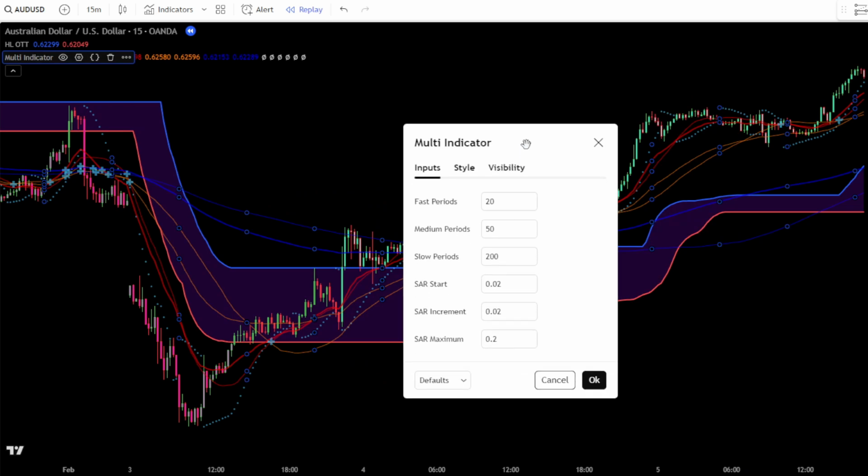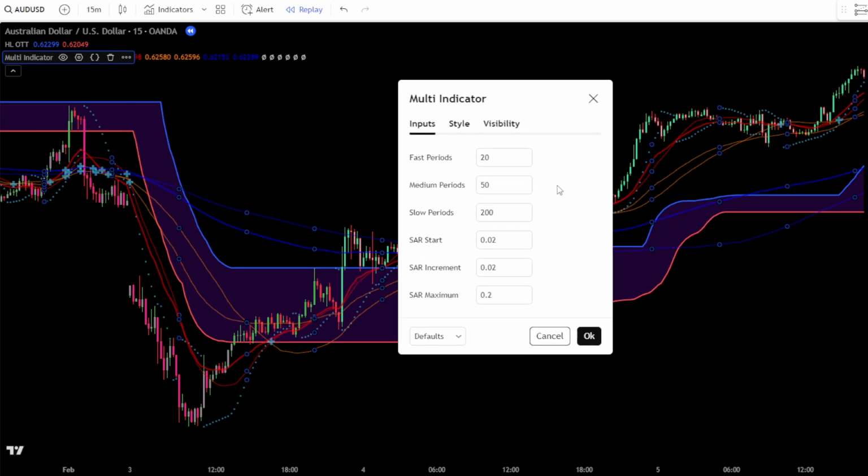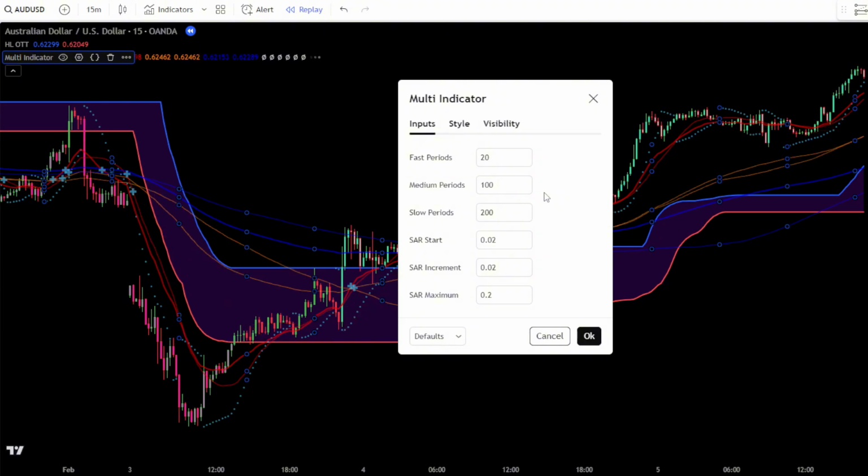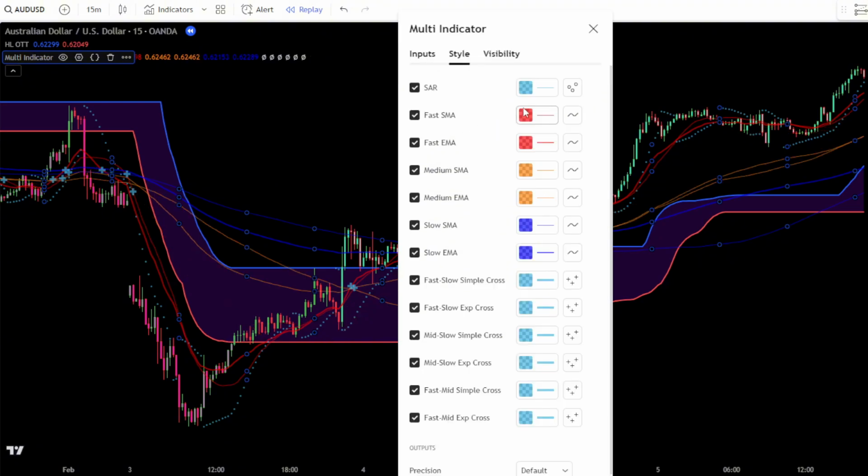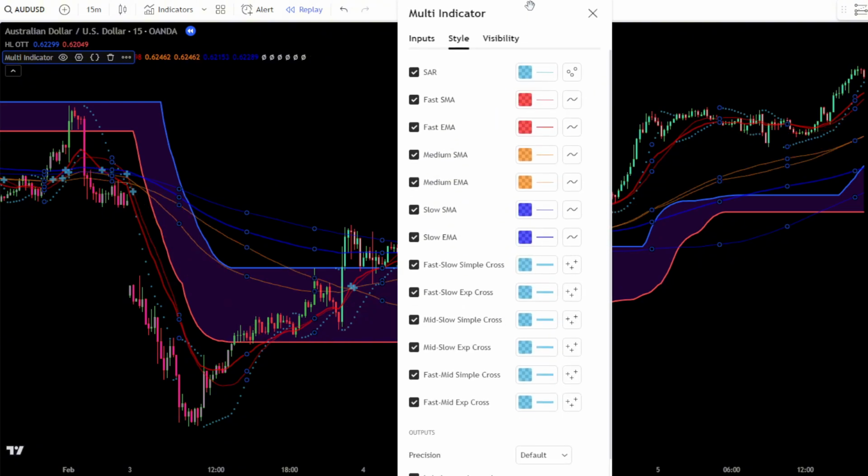Go to the Input tab and change the medium period's value to 100. Then, go to the Style tab. In the Style tab, remove some unnecessary markers and leave only the Parabolic SAR, Medium EMA, and Slow EMA.